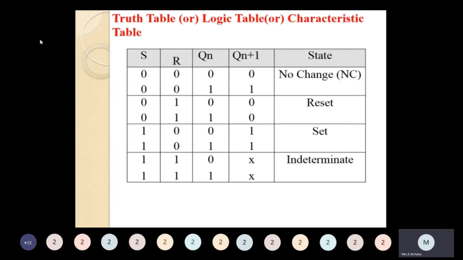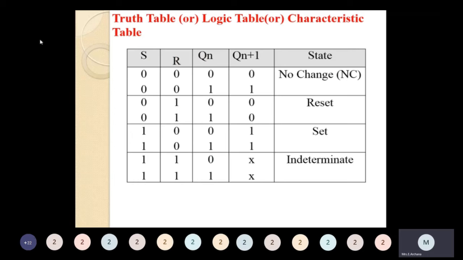Here S and R are inputs, Q of n is the present state, and Q of n plus 1 is the next state. When my present state is 0 and the S and R inputs are 0, the next state is also 0.